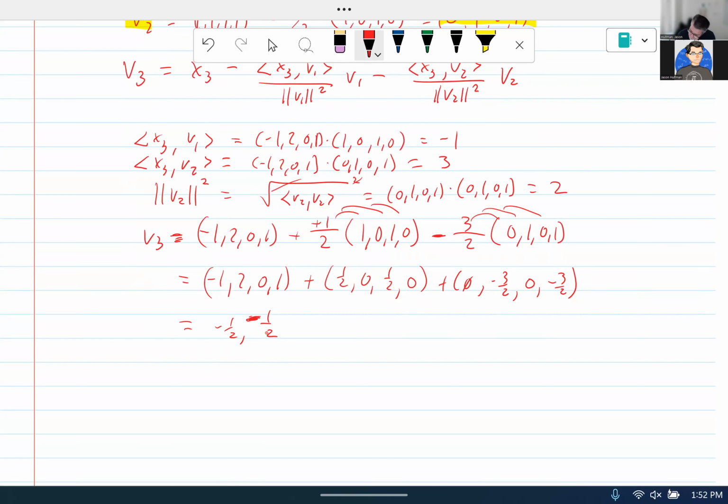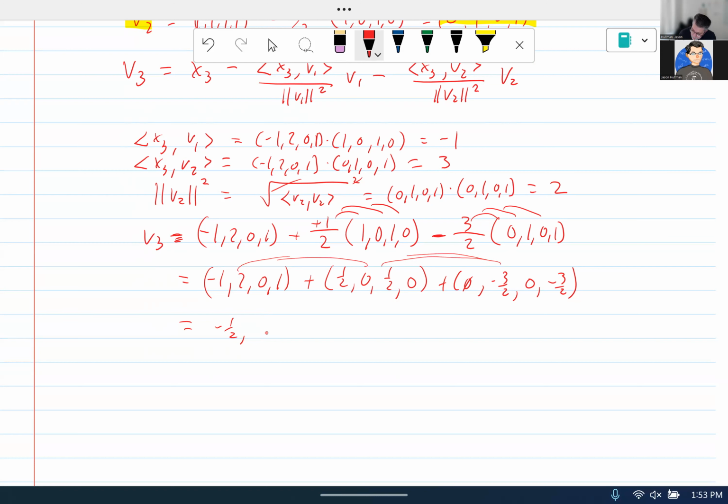And then the next one, is it negative 1/2 or positive 1/2? Let me think, to be sure. Oh, no, because we have 2, right? So we have 2 plus 0 plus negative 3/2.